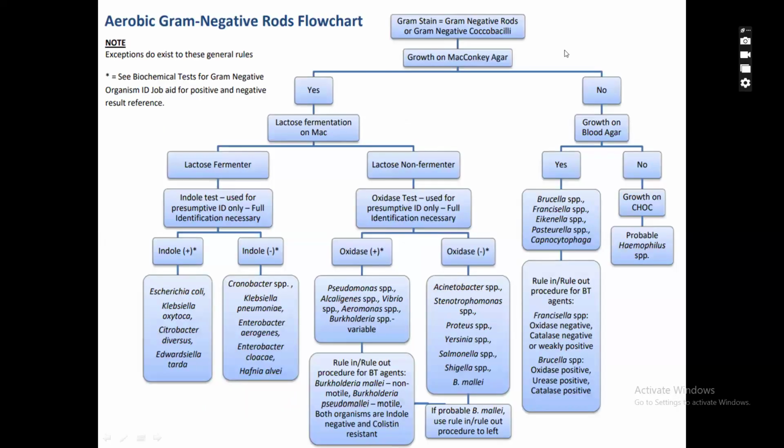Coming to the important classification of gram-negative bacteria. When gram-negative bacteria are grown on MacConkey agar, they give rise to the lactose fermenter and the non-lactose fermenter groups. The lactose fermenter group mainly consists of Klebsiella and E. coli, whereas the non-lactose fermenter group mainly consists of Pseudomonas, Acinetobacter, Stenotrophomonas, Proteus, Salmonella, Shigella, and Burkholderia.